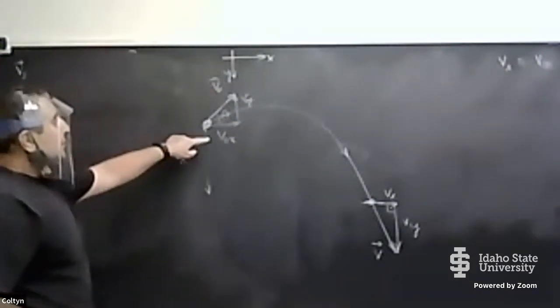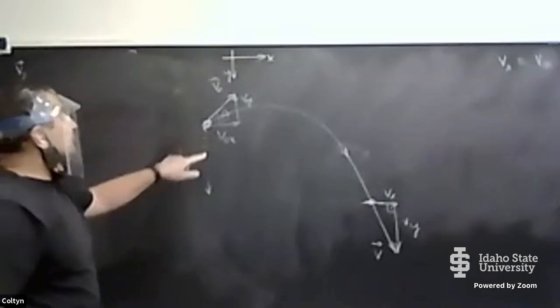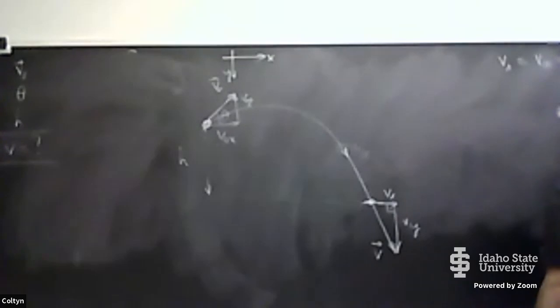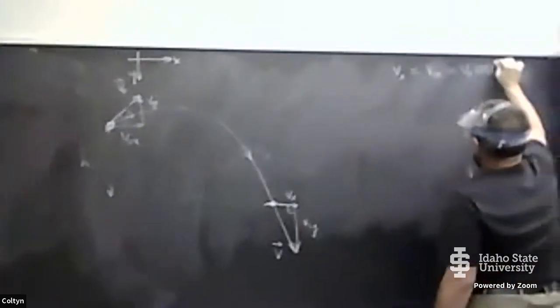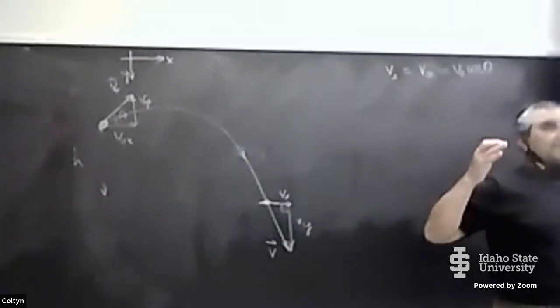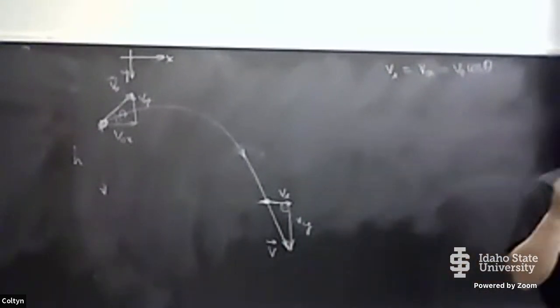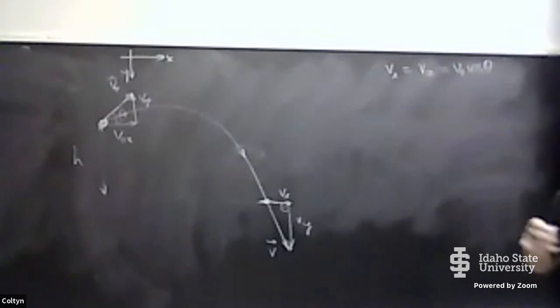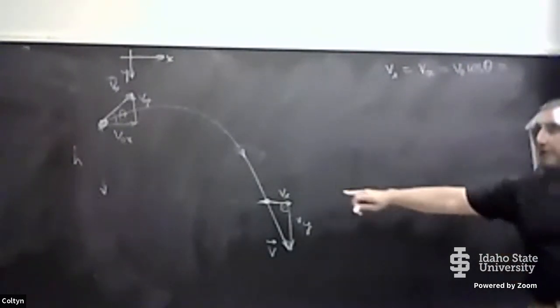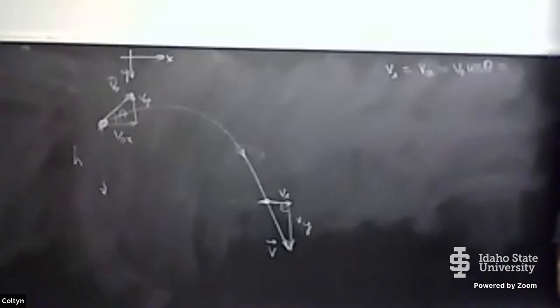From the diagram, you see that initial velocity x component is the launch velocity v naught multiplied by cosine of the angle that they give you. So this x component of velocity doesn't change, and it has this numerical value all the time, including at the final moment of the flight.